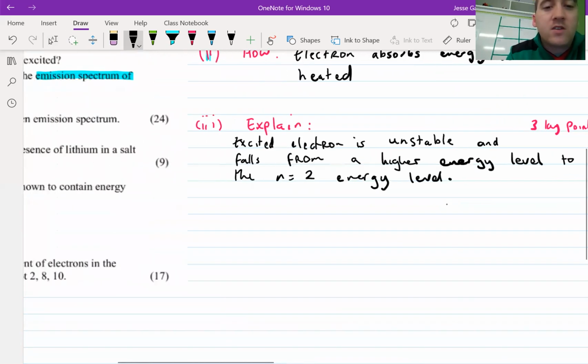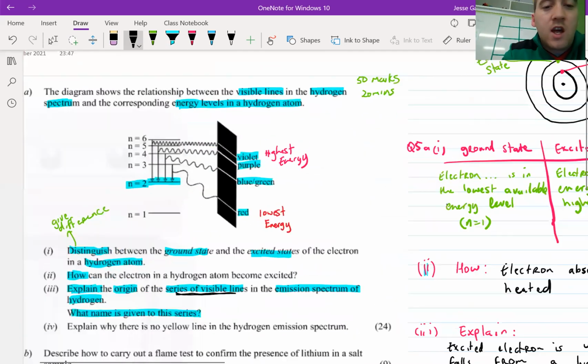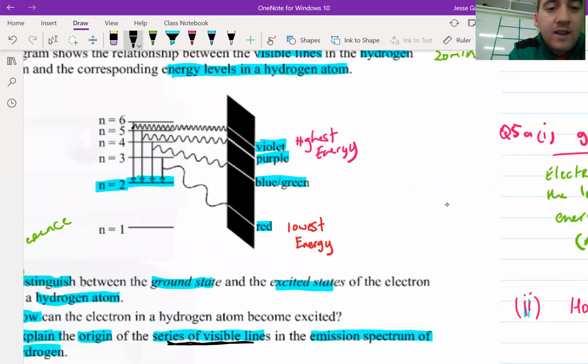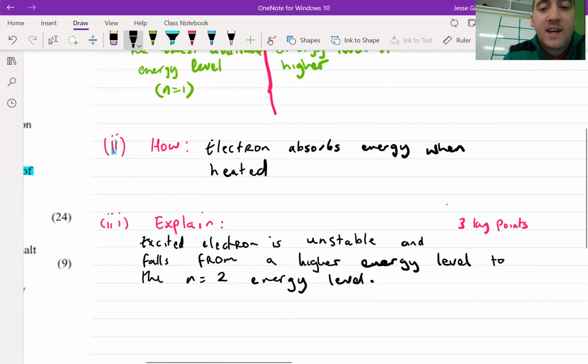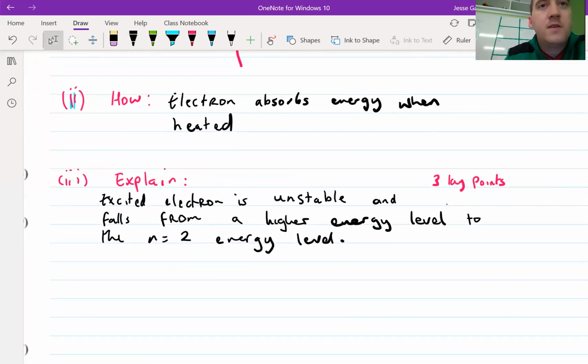Okay, so how then does this cause the lines? Again, looking at this, what's this about, and this, and this? So we need to talk about that. Pause the video and add any detail that you might need to. So what's happening there?